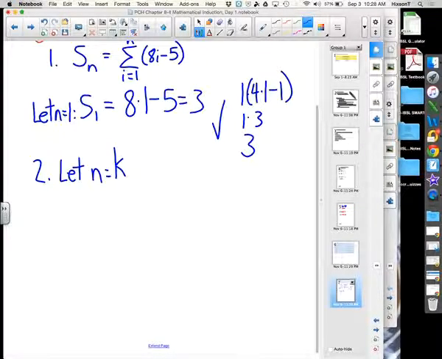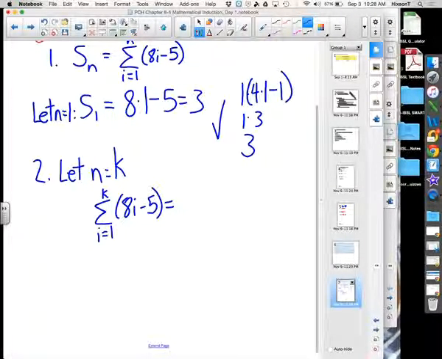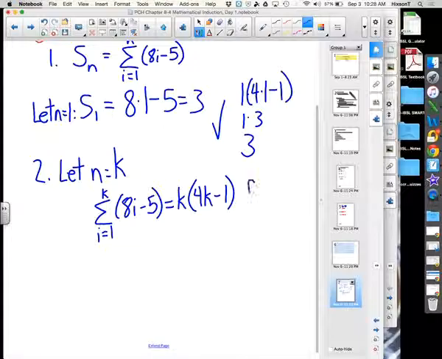So the sum from i equals 1 to k of 8i minus 5 does equal k times 4k minus 1 for some value of k. So that's part 2.